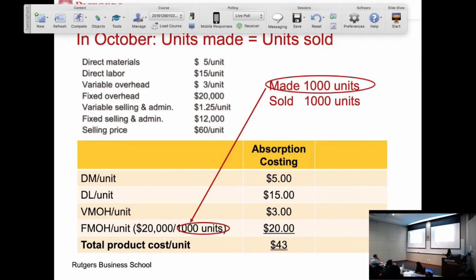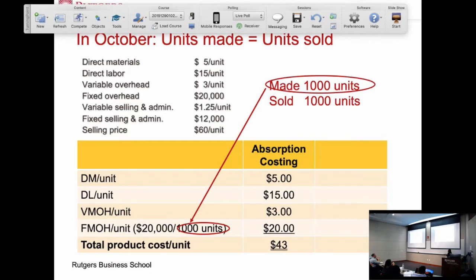So the unit product fixed overhead is 20, right? And then we just need to sum all those product costs defined by absorption costing to get the unit product cost for absorption costing.